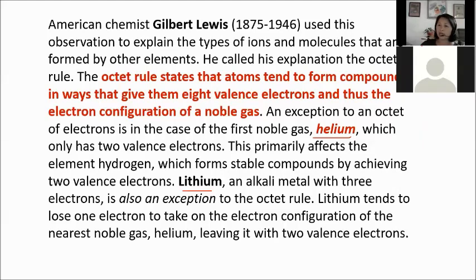And meron pang isa, 2s1. So once na ma-transfer ito, because lithium is a metal, so electron donor, isa ito sa mga electron donor, so ma-transfer itong 1. So the configuration of Li follows the configuration of helium. That is why exempted sila sa octet rule.